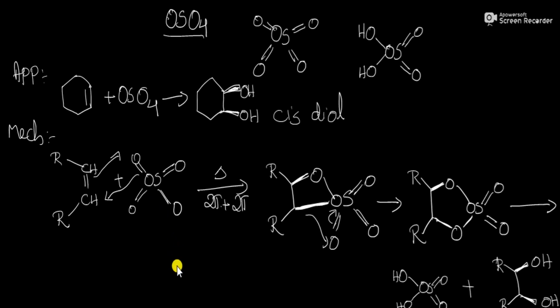Then another reagent used in osmium tetroxide oxidation is ascorbic acid or alkaline formaldehyde, etc. These reagents are used to stop over oxidation in osmium tetroxide oxidation.